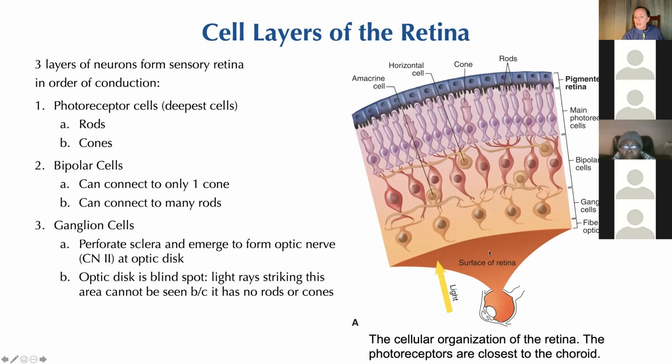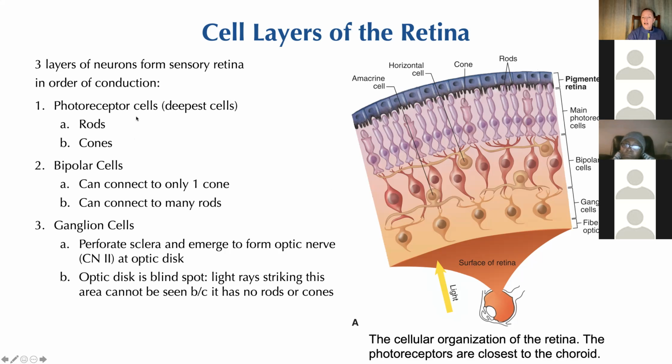Here we're going to have some ganglion cells, bipolar cells, and this is what the light is really striking, which is our photoreceptor cells of cones and rods. The cones are kind of in this reddish color, the rods being purple. And here's that nourishing layer of the pigmented retina, which is attached to the choroid, which would be underneath.